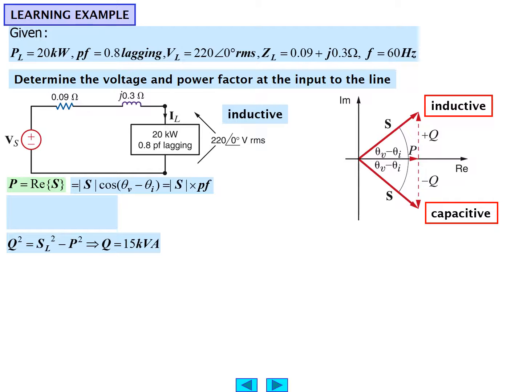So therefore Q squared, the reactive power squared, would be S sub L squared minus P squared, which would be 25 squared minus 20 squared, or 625 minus 400. And then we would take the square root, and we would end up with Q equal to 15 kilovolt amperes.